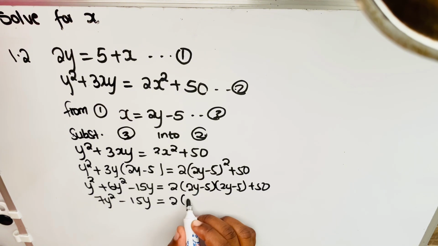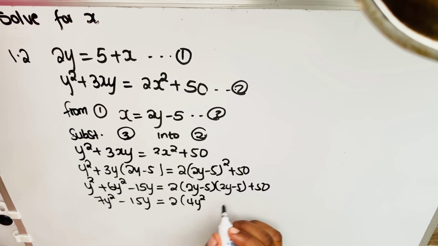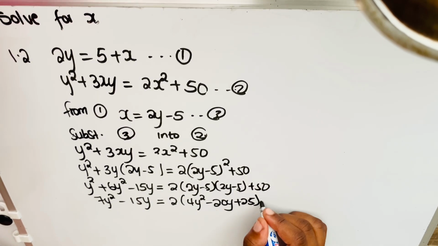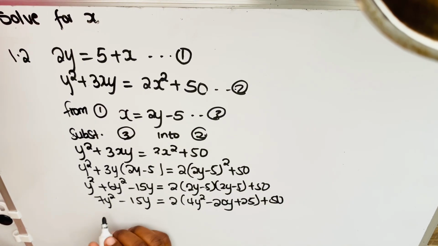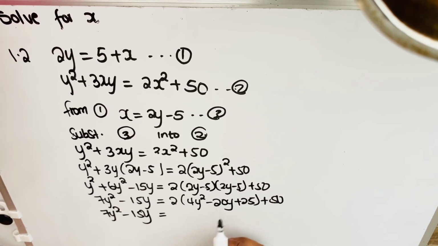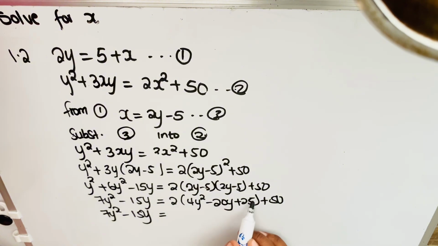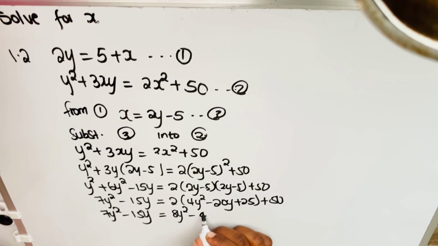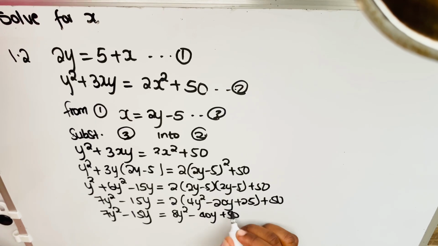This will give us 4y squared, then minus 10y, again minus 10y, so minus 20y plus 25, plus 50. 7y squared minus 15y. Multiply each term in here by 2. This is 8y squared, this is minus 40y, this is plus 50, then plus 50.